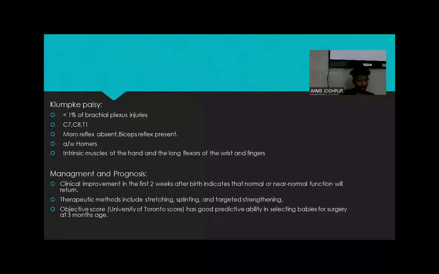Klumpke's palsy is very uncommon, and is due to injury at the level of C7, C8, and T1. Less than 1% of brachial plexus injuries result in Klumpke's palsy. The Moro's reflex will be absent, but the biceps reflex will be present in Klumpke's palsy.